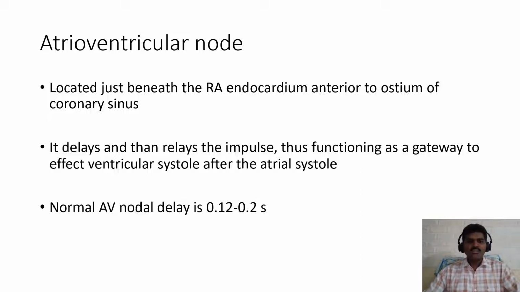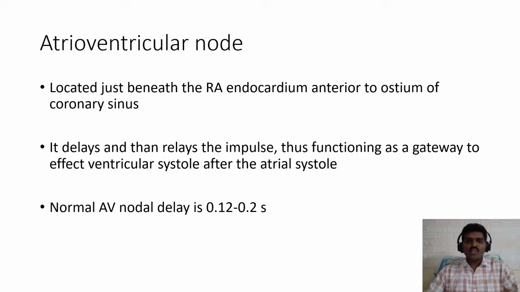You know that during systole, the blood is ejected from the cardiac chamber. During diastole, the chamber is relaxed and is ready to receive the blood. So if the heart has to function effectively as a proper pump, the atria have to contract first and then the ventricles have to contract.